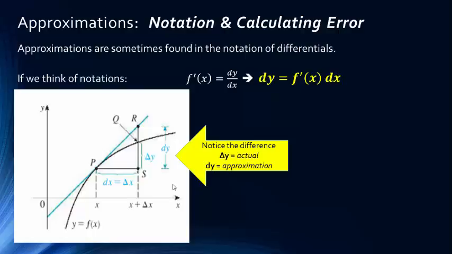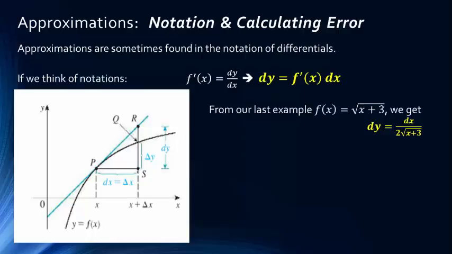Our delta y is the actual difference between two y values, and our dy is the difference between the original value and our tangent line approximation. Okay? So remember from our last example, we got that dy was equal to dx over 2 times the square root of x plus 3.